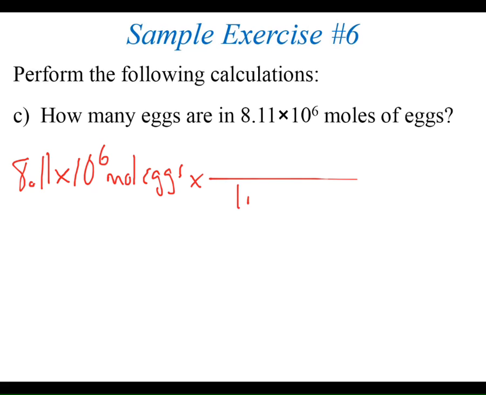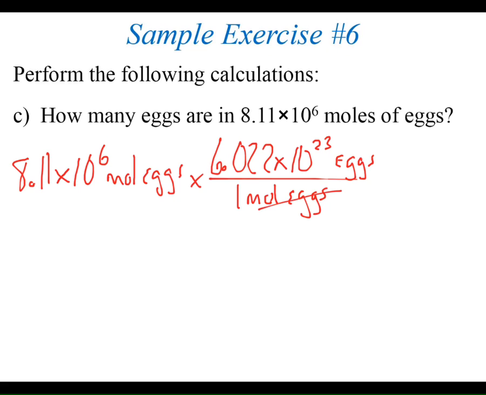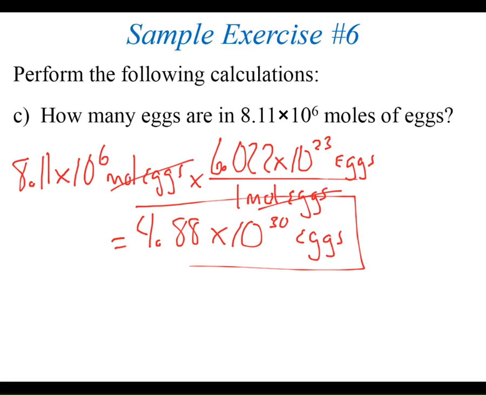So 1 mole of eggs is Avogadro's number on top, 6.022 times 10 to the 23rd eggs. So what's the answer? 10 to the 30th. Again, that's a whole lot of eggs. I'm sure it would cover the planet 1,000 miles deep or something crazy. It's a lot of eggs.